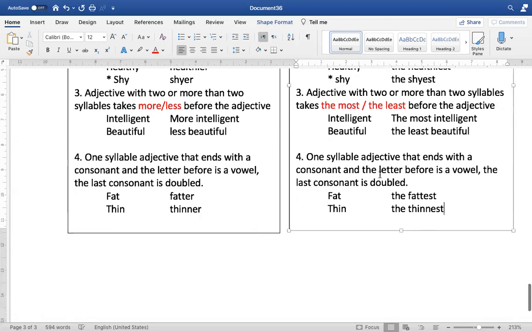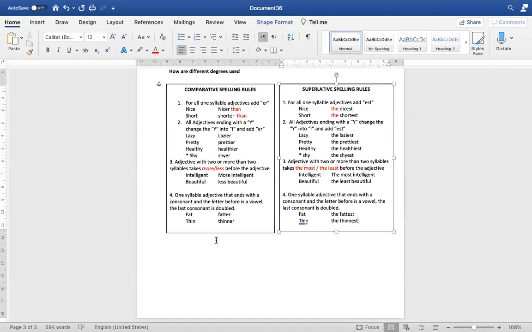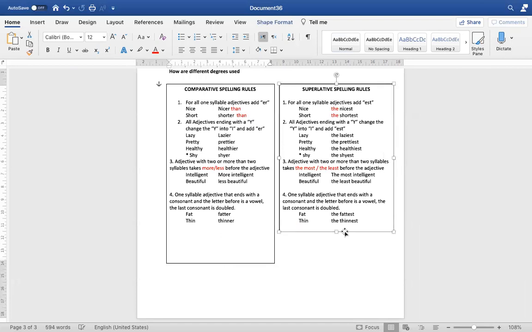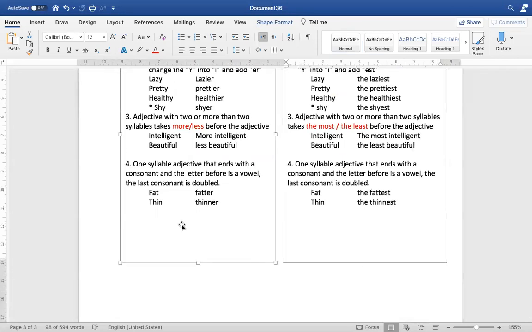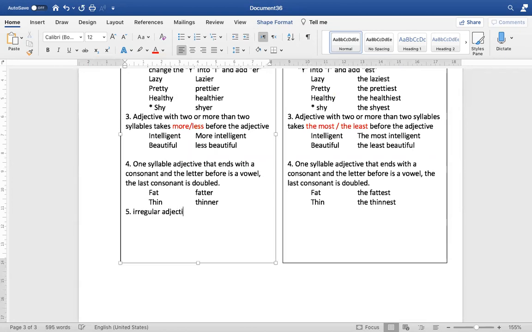And then finally, just before I finish, you have one last rule. As you know, when it comes to verbs, adjectives, and adverbs, you always have what are called irregular forms.